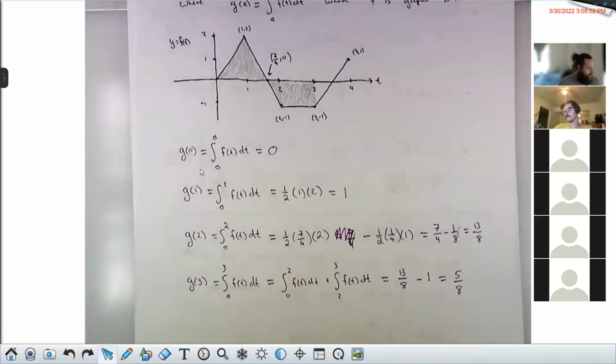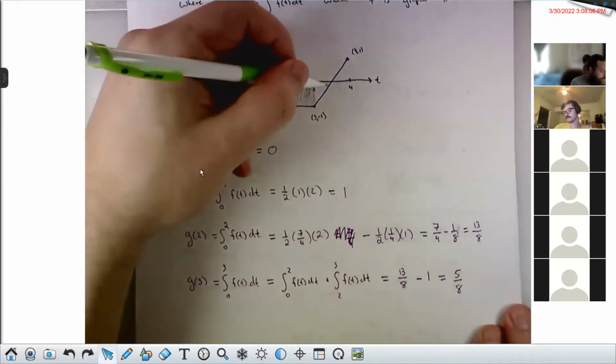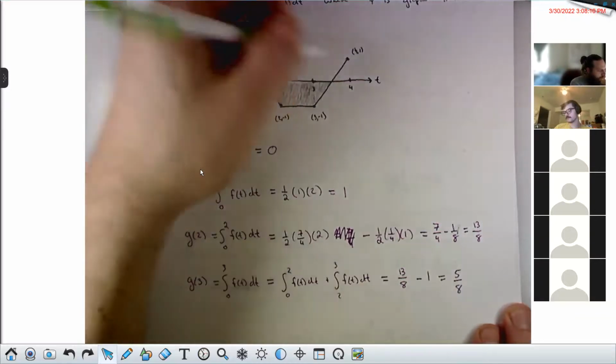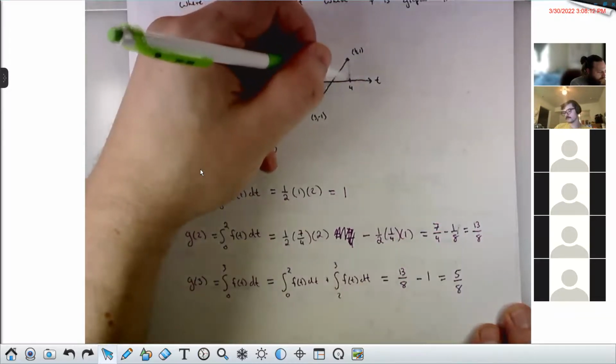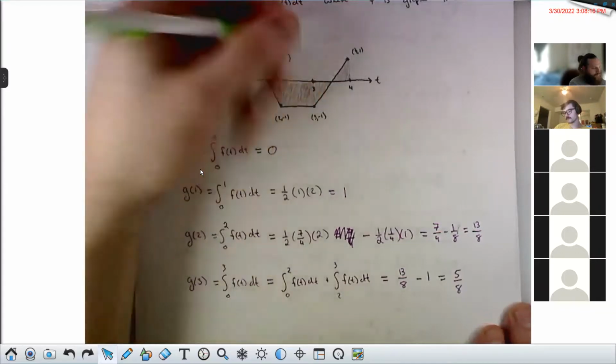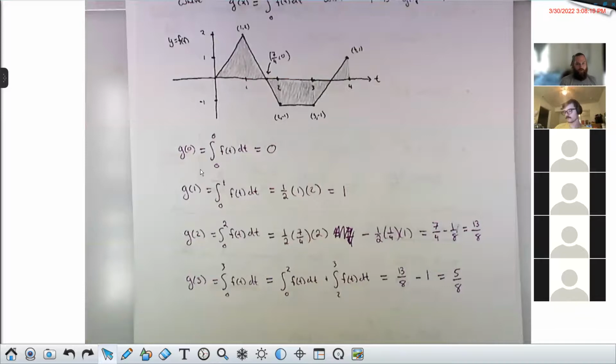And then finally, to get the integral from 0 to 4, I need to add to what we just found the values that come from these shaded regions. Here you can make use of a symmetry argument.